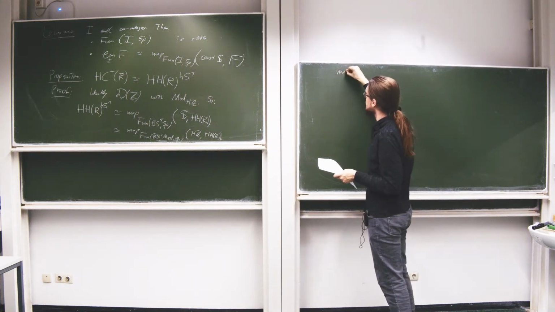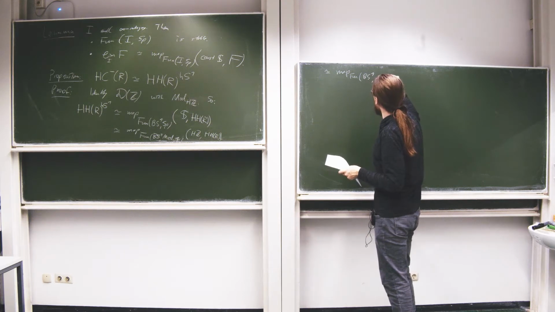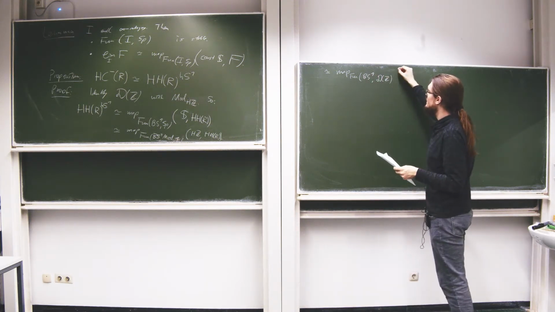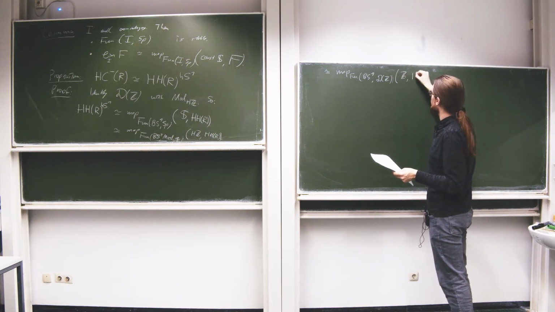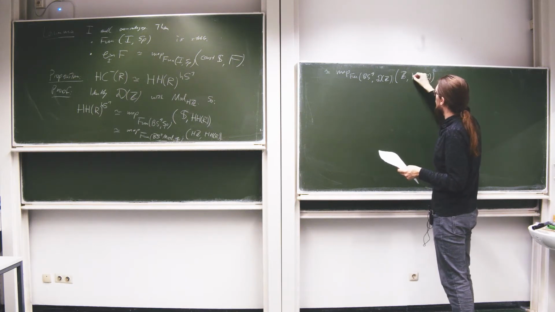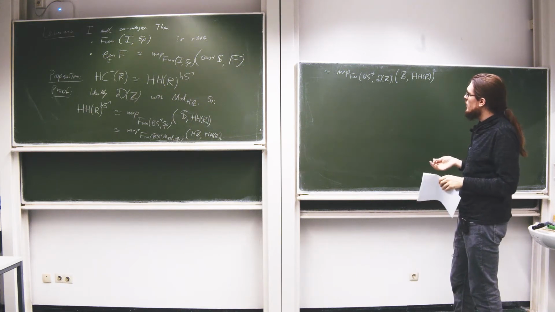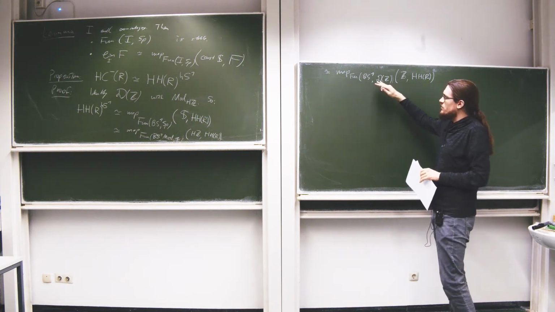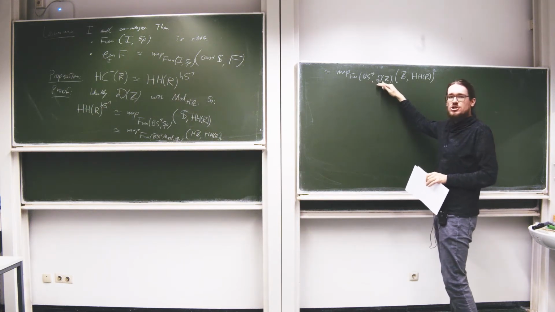We're saying this is the mapping spectrum in objects with S1 action in DZ from just the complex Z concentrated in degree 0 into HHR. And now, if you remember from the video on S1 actions, it turns out that objects with S1 action in DZ can actually be expressed in a nicer way.